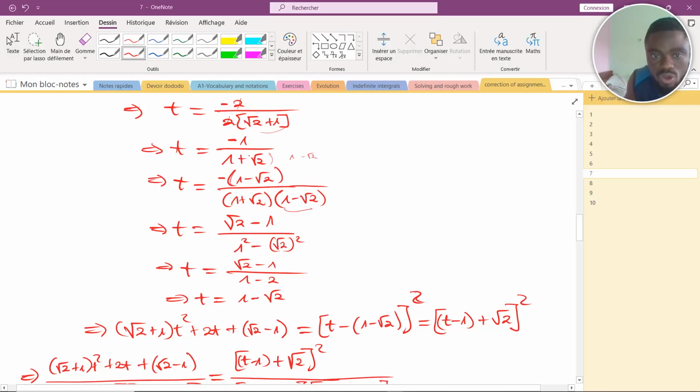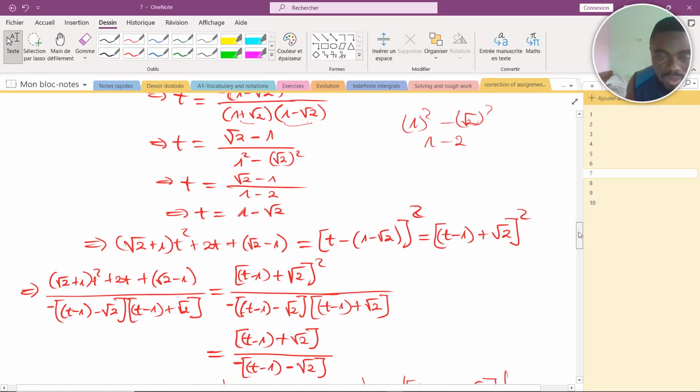We're going to have root 2 minus 1. This and this is a difference of two squares, so I'll have 1 squared minus root 2 squared, which is 1 minus 2. So this gives minus 1. The minus 1 will affect what is on top here, and we'll have t being equal to 1 minus the square root of 2. So we have already our t.